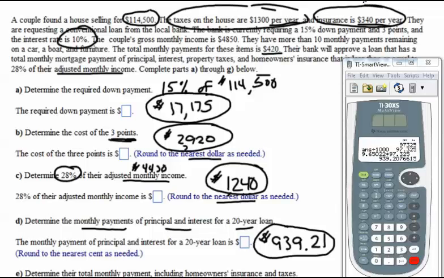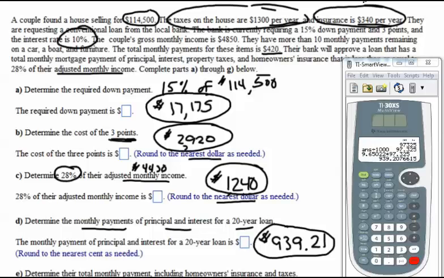Now, the taxes are $1,300 per year. So to figure out what that is per month, we need to divide that by 12. And the insurance is $340 per year. So to figure out how much insurance is per month, we divide that by 12 months as well.